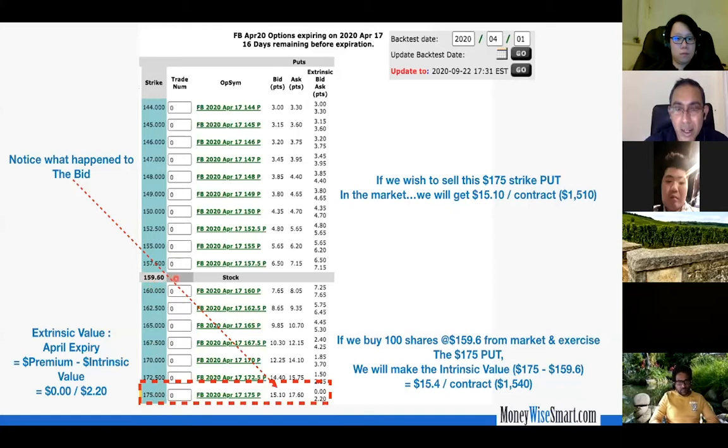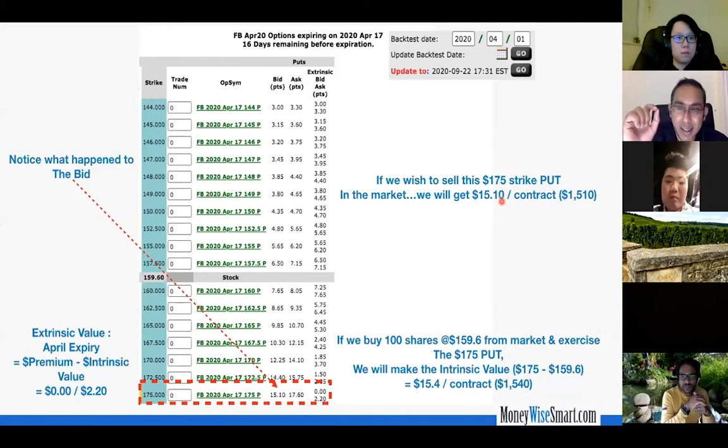I'll hardly need too much margin, and in the next instant, I can exercise these options, which will sell these shares for 175. So we will make the intrinsic value of 175 minus 159.6, that is 15.4 per share, or $1,540 per contract. So see, I have made $30 more than just blindly going and selling these options in the market.